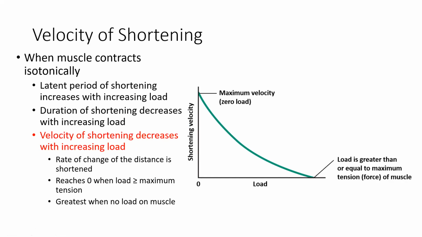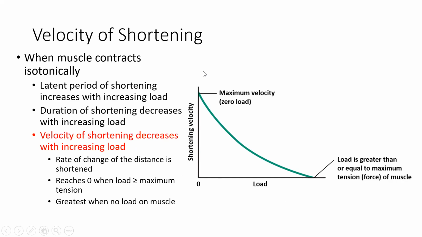All right, and so the last thing we'll speak about here is the velocity of shortening, and velocity is the rate of muscle shortening or muscle contraction. And so we can think about a muscle contracting isotonically. And when we compare the amount of load that that muscle is lifting, we see that during a muscle contraction, the latent period of shortening is going to increase as the load increases.